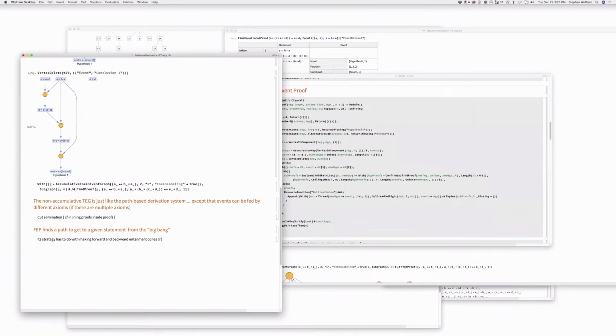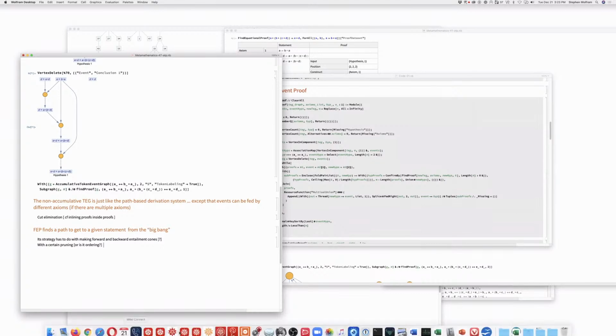Do you understand what I'm saying? I mean, so we can clearly make a forward entailment cone from the axioms and a backward entailment cone from the statement. Okay. Yeah. Is that what it's doing as well? And then it has, but with a certain pruning, or is it ordering of which pieces of which paths to look at first? Am I making sense?